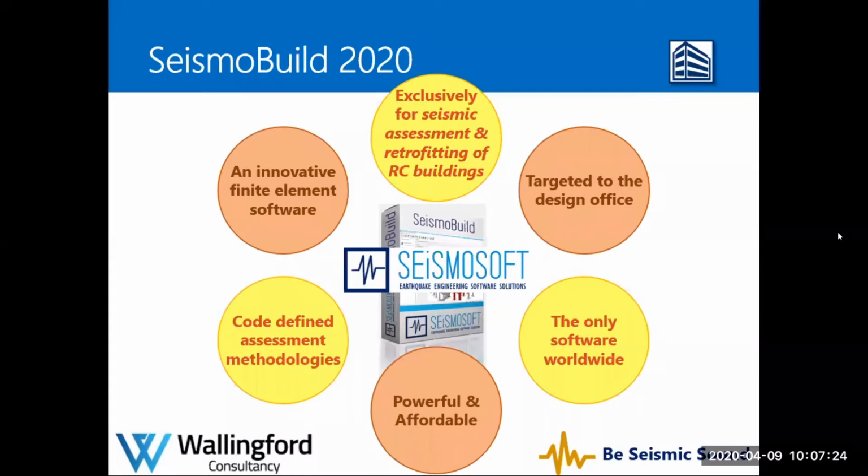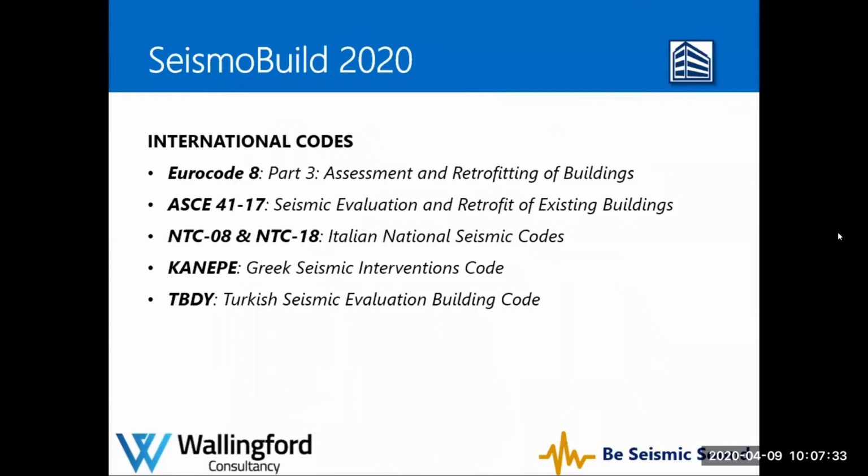And also, most importantly, we are capable of conducting code-defined assessment methodology. What I mean by code-defined methodology is, in SEISMOBUILD, we include all the major international codes in seismic evaluations. We have a list here showing 5 international standards or codes that are already implemented in SEISMOBUILD: Eurocode 8 Part 3 for assessment and retrofitting of buildings, and of course the American standard ASCE 41, a very specialized code especially for seismic evaluation and retrofitting of existing buildings.